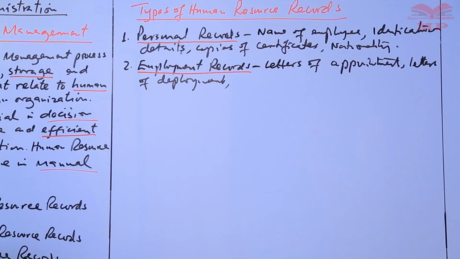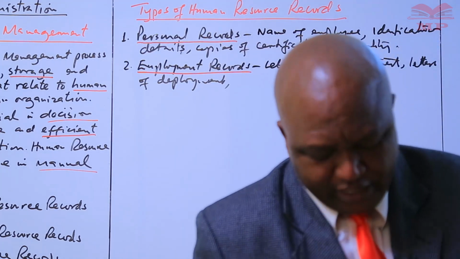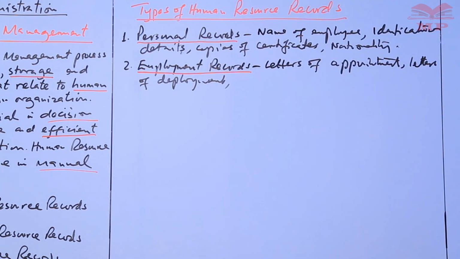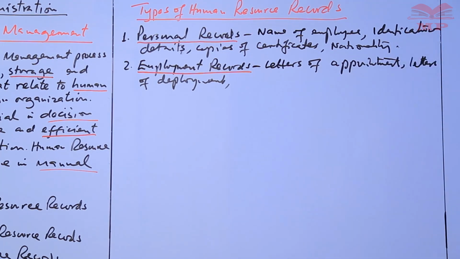So what you're saying here, when it comes to the employment records, is: when did this particular employee, for example, commence their job, where have they been deployed, which duties have they undertaken. So employment records will capture this particular kind of information.